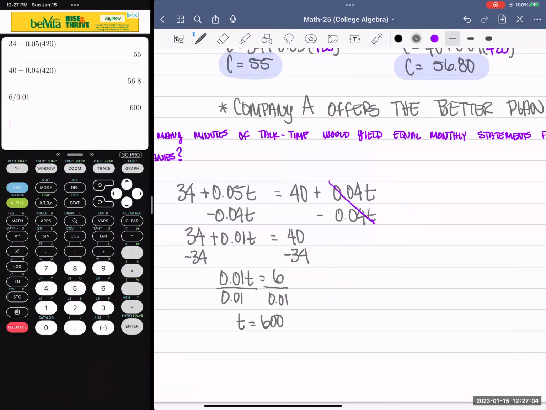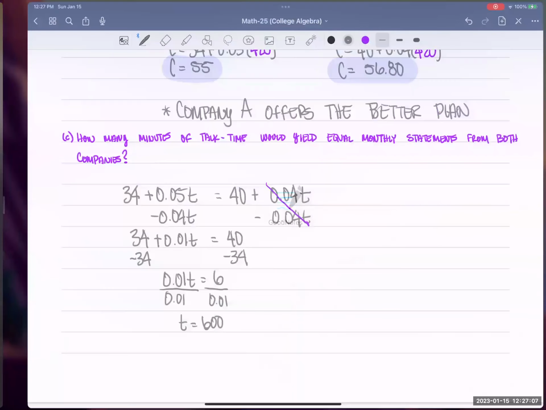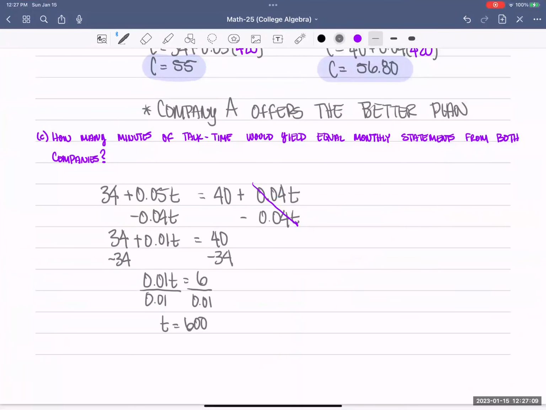But let's see what this means. What does it mean for this problem? How many minutes of talk time would yield equal monthly payments, equal monthly statements from both companies? So at 600 minutes, we could rephrase everything and answer that question.